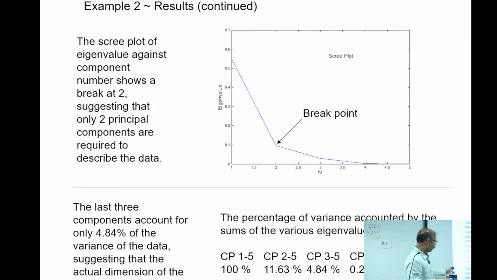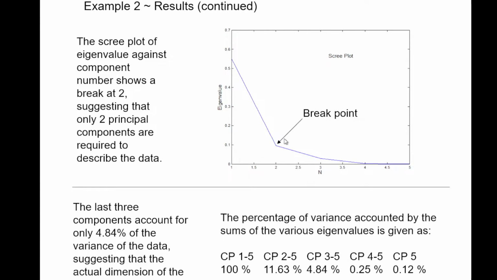So this is called the scree plot, right? And from the scree plot, what you can see is that the first component is this one, the second is this, and then it drops, right? So the first and the second components account for like 67 or so % of the variance, okay?